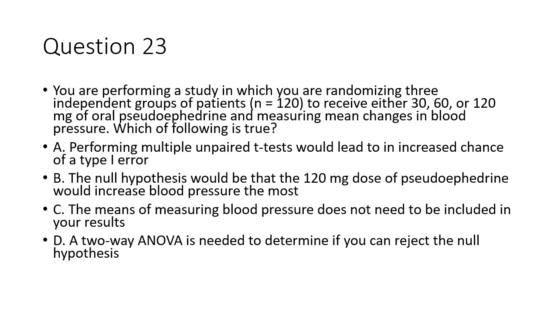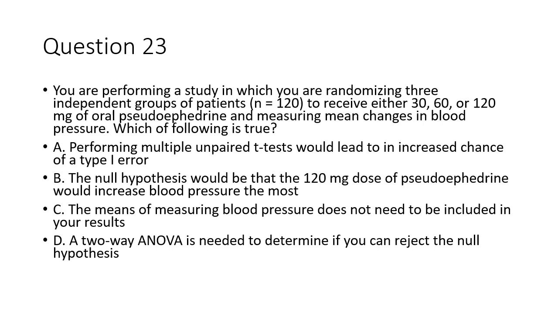And then our last question here: you are performing a study in which you are randomizing 3 independent groups of patients, each with an N of 120, to either receive 30, 60, or 120 milligrams of oral pseudoephedrine, and then measuring mean changes in blood pressure. Which of the following is true? A, performing multiple unpaired t-tests would lead to an increased chance of a type 1 error.